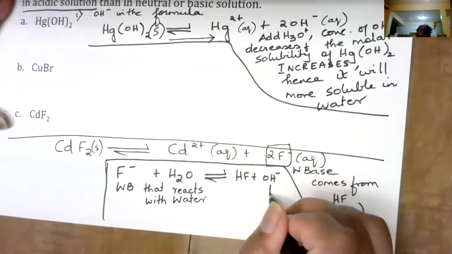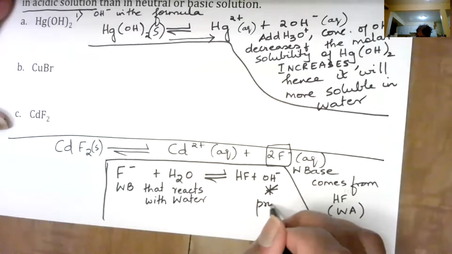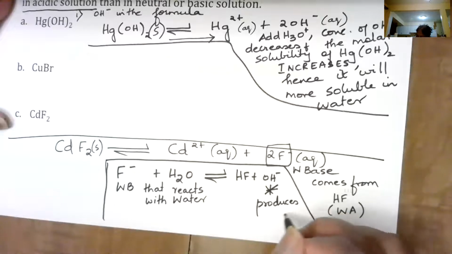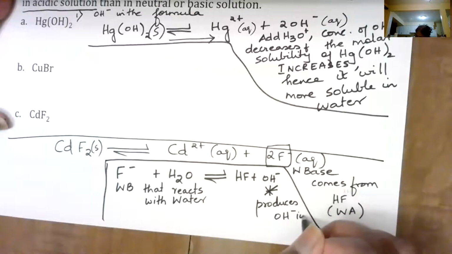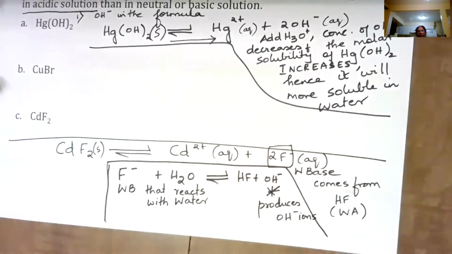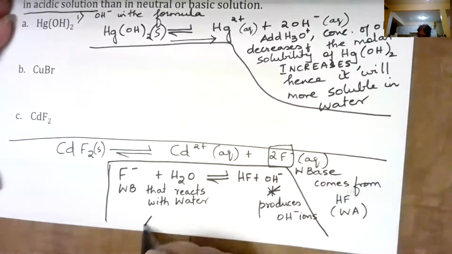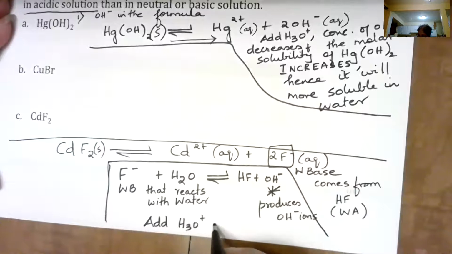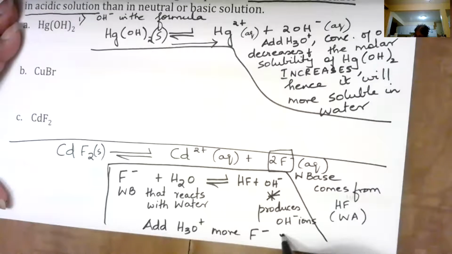And what does it do? Look at that. It produces the hydroxide ions. Because it produces the OH minus ions, if you add acid, more F minus will convert to HF.